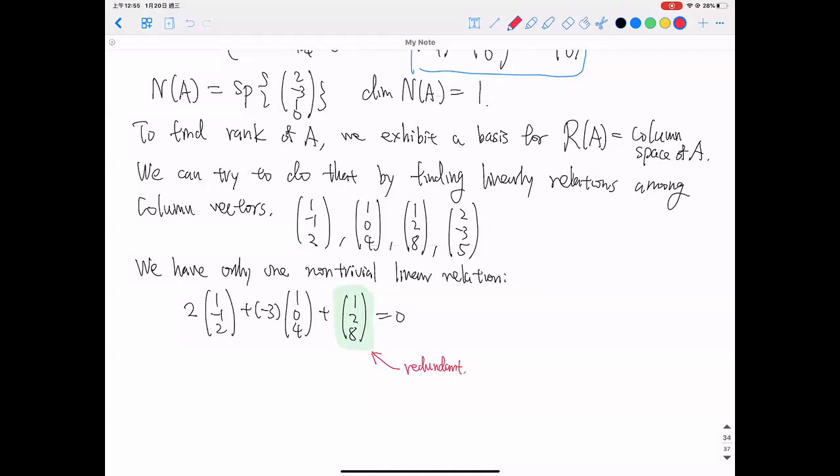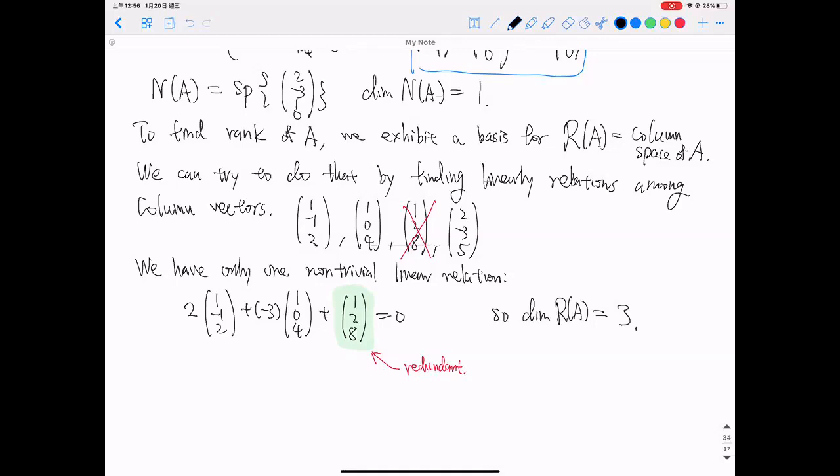Okay, and that just means that we only need these three vectors for a basis. So therefore the dimension of the range is 3.